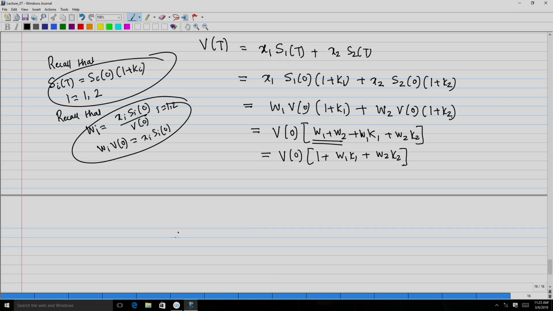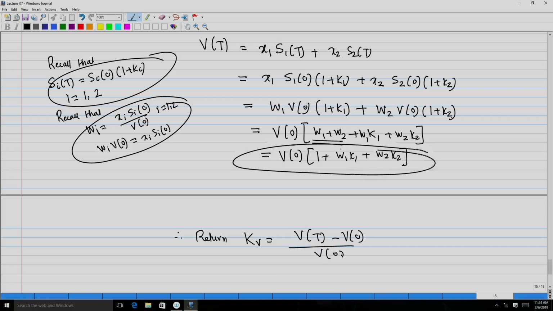Now, therefore, the return Kv, what is this going to be? This is going to be Vt minus V0 over V0. From using this expression for Vt, Vt minus V0 over V0 becomes W1 K1 plus W2 K2.